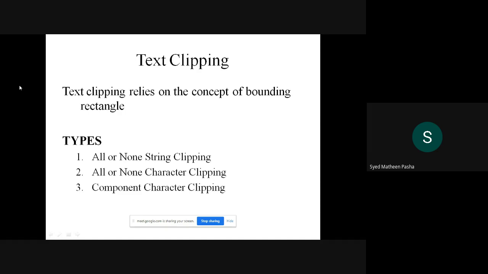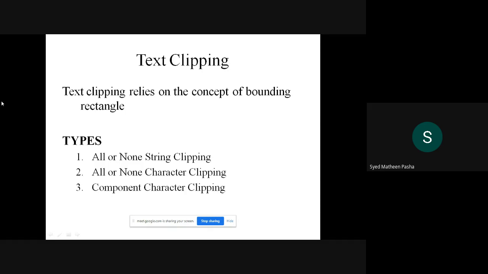If the boundary is towards a certain extent, that clipping can be done. If the text is being displayed in some particular area, it is very difficult to extract such kind of text which is not related to that particular boundary.